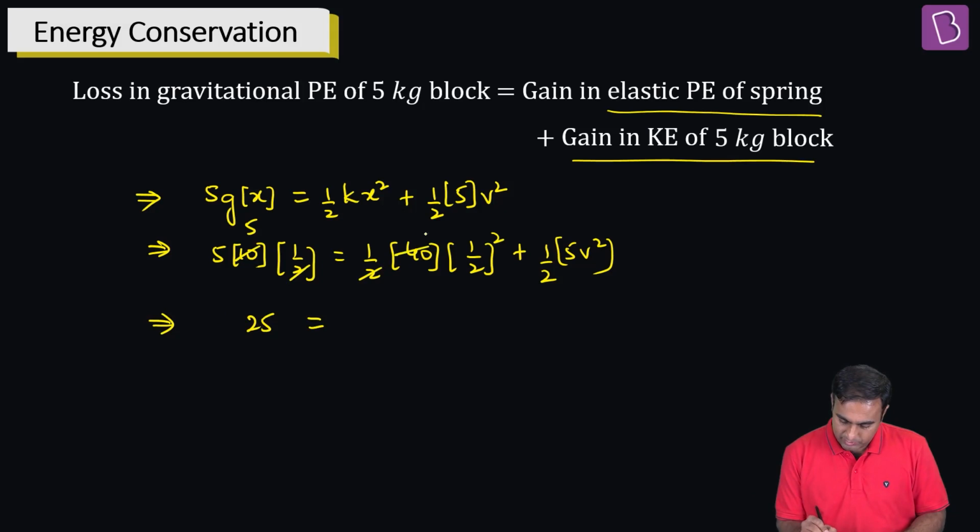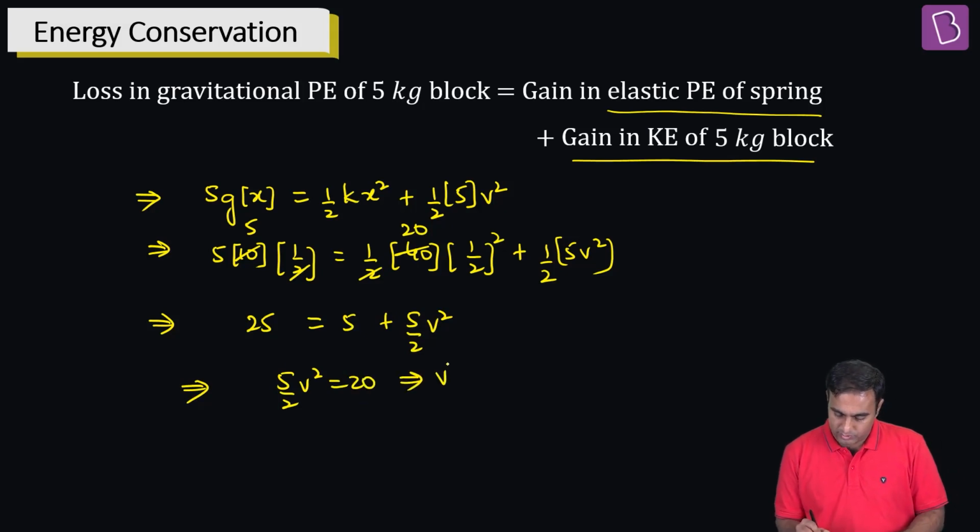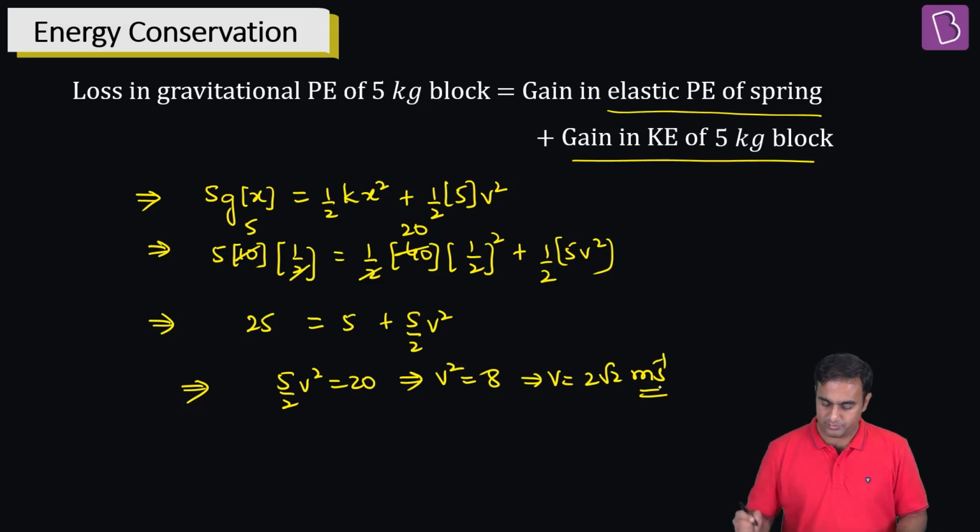On this side, you will get 4 and then there is 20. So, you will get 5 plus 5 by 2 v square, or you will get 5 by 2 v square equals 20. So, v square will become 8 and thereby v is equal to 2 root 2 meter per second.